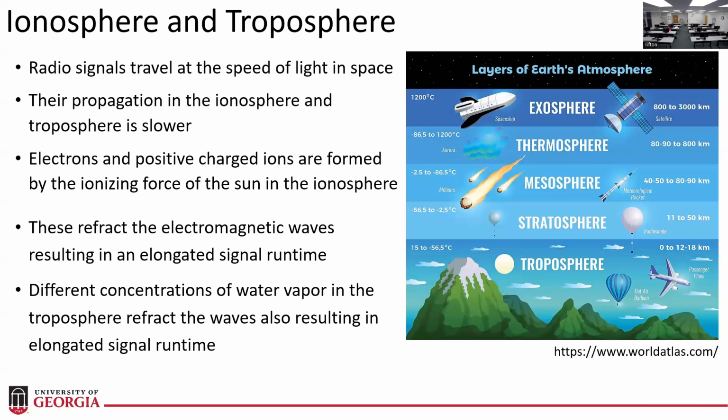For the ionosphere, we have a lot of charged particles that can interact with your radio signal and delay the signal when it's passing through that layer. We also have, on the troposphere, factors related to water vapor particles that can also delay your signal.